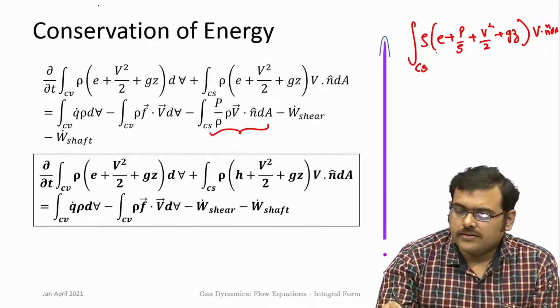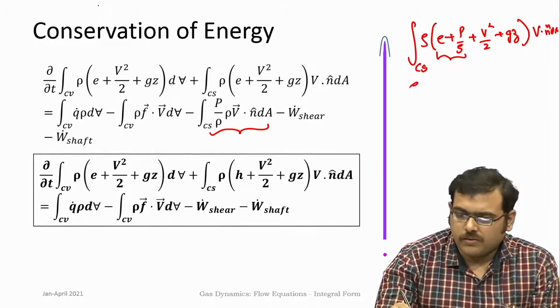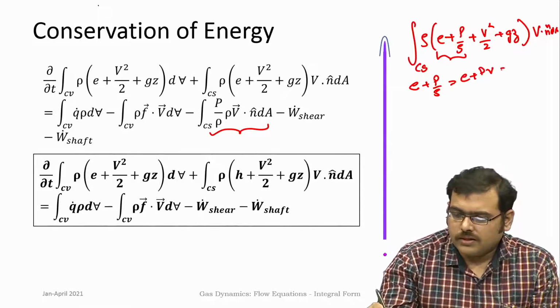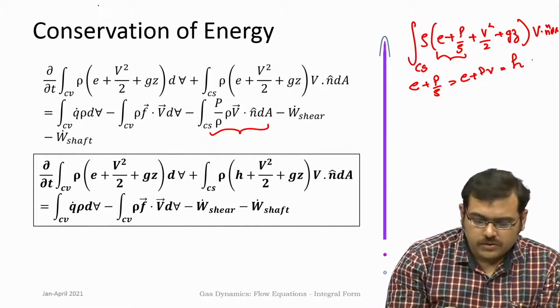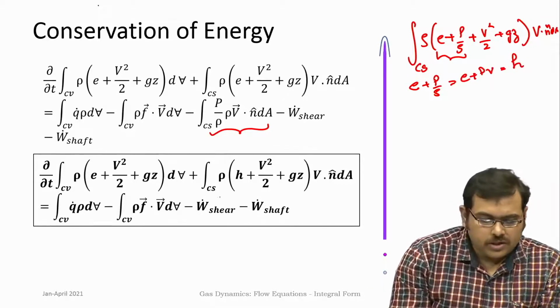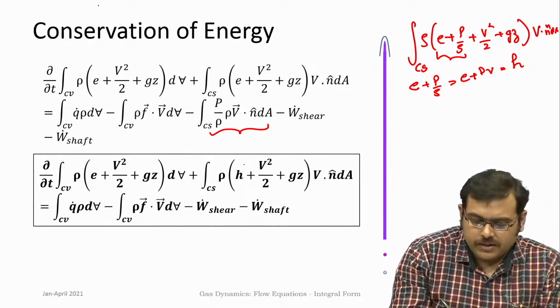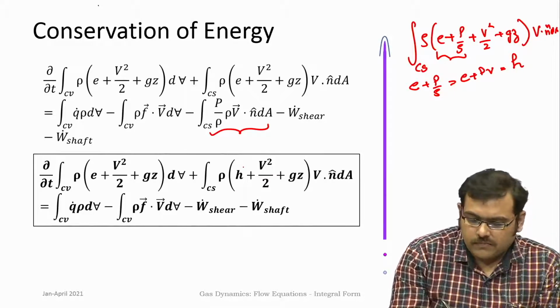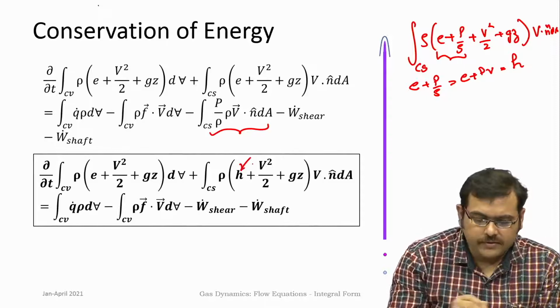Here this term, E plus p by rho, is nothing but E plus p times specific volume, which is enthalpy. So you look at this equation, you have the term enthalpy coming into the picture at this place.